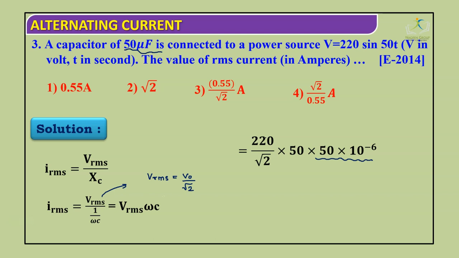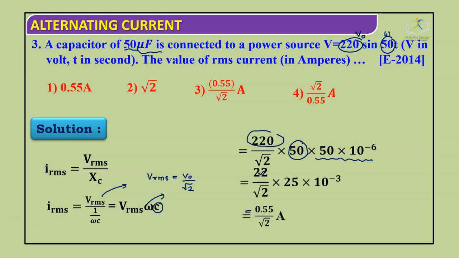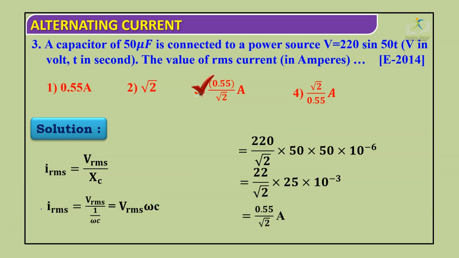V naught is given here, omega is given as 50, and C is given like this. If I put all these values, the answer becomes 0.55 by root 2 ampere. Understood? So according to this, the correct option for this question is option 3.